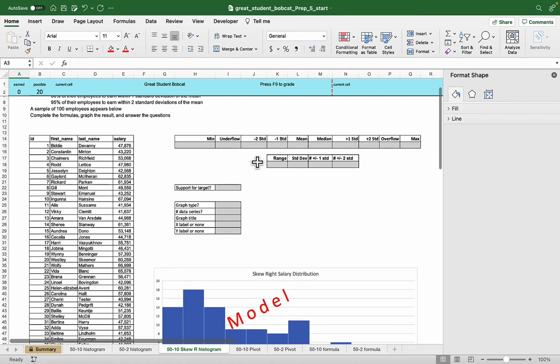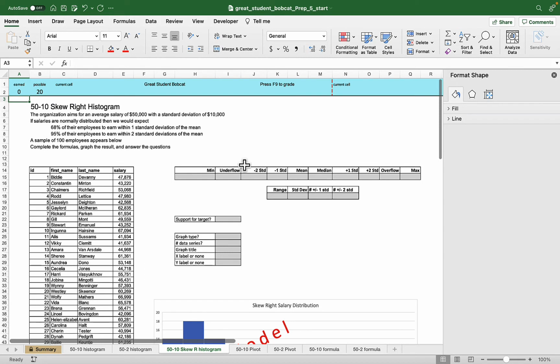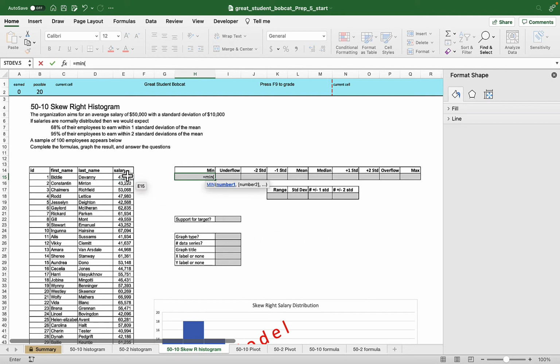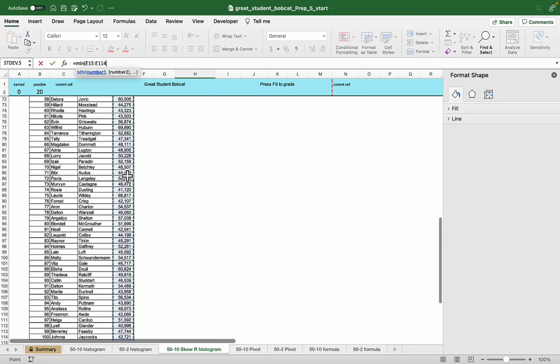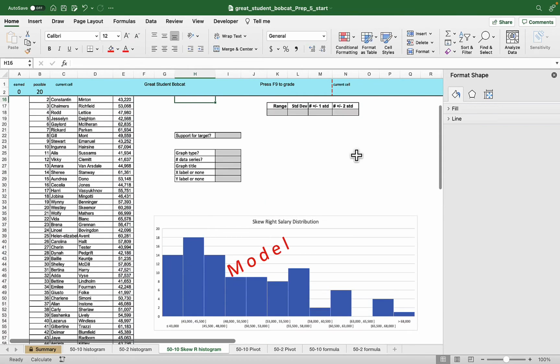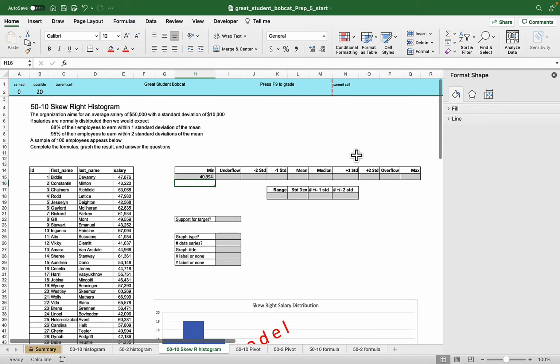So let's look at the statistics surrounding this one. What happens to the statistics? How do they change when it's a skewed distribution? So it equals the min, so minimum salary is 40,000. That's kind of nice. Nobody's getting 25,000.